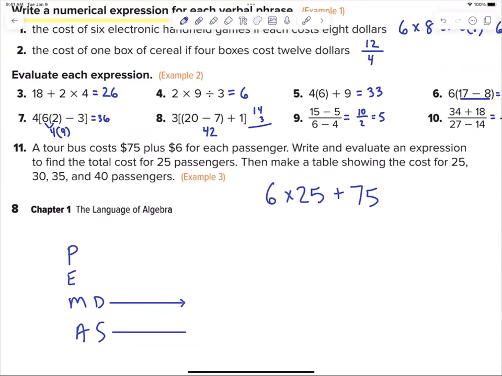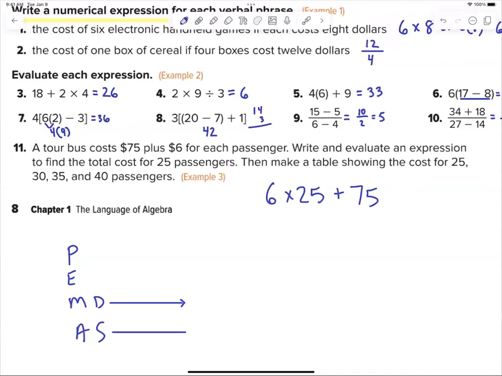That is the expression. Shh, stop with the water bottle. That's the expression. Now, when it says evaluate, that's finding the answer. So if you have 6 quarters, how much money do you have? How much?